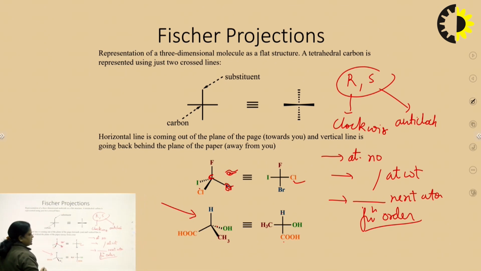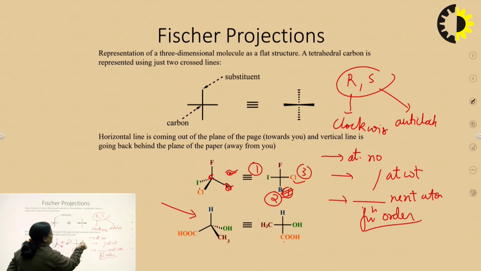Now in this case, there are 4 groups and all 4 are halogens. But if we check the atomic number, the atomic number of iodine is the highest, so we will give iodine number 1. Second to bromine, third to chlorine, and 4 to fluorine.